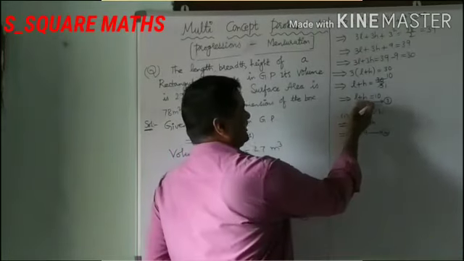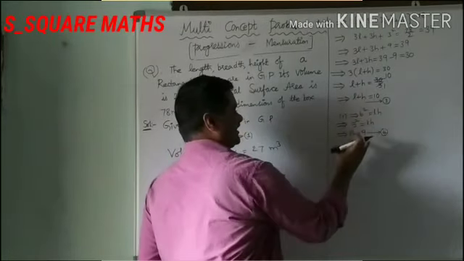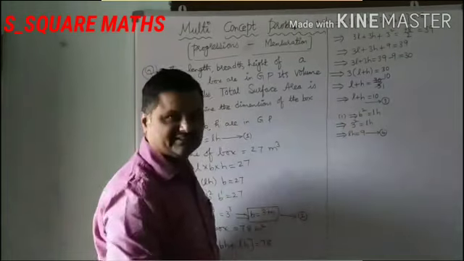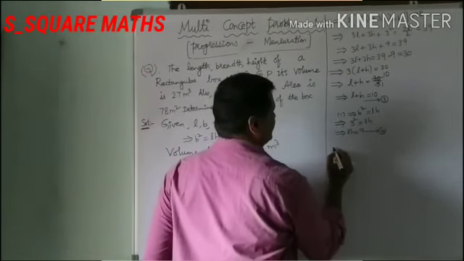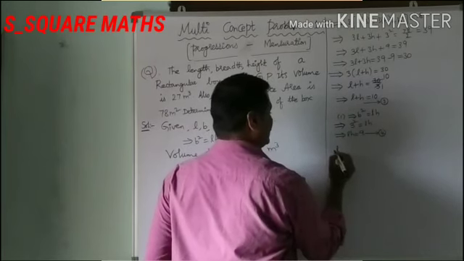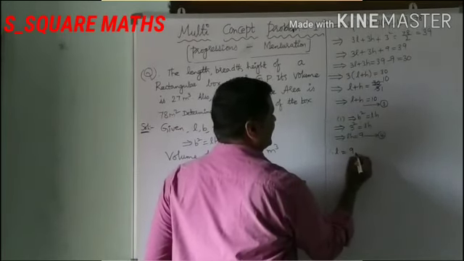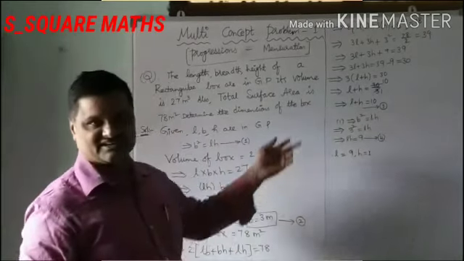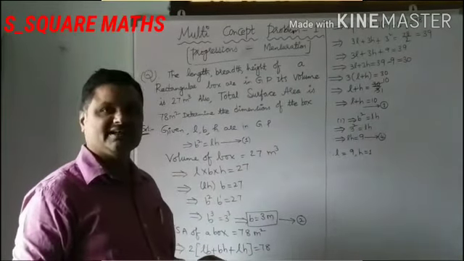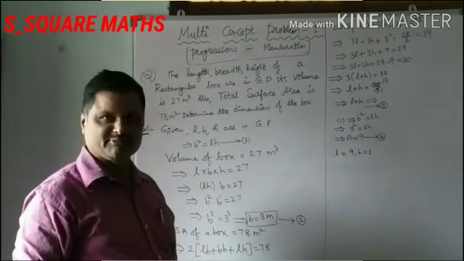Easily we can pick 9 plus 1 gives you 10 and 9 into 1 gives you 9. Therefore L is equal to 9 and H is equal to 1, or otherwise you can consider L is equal to 1 and H is equal to 9 meters.